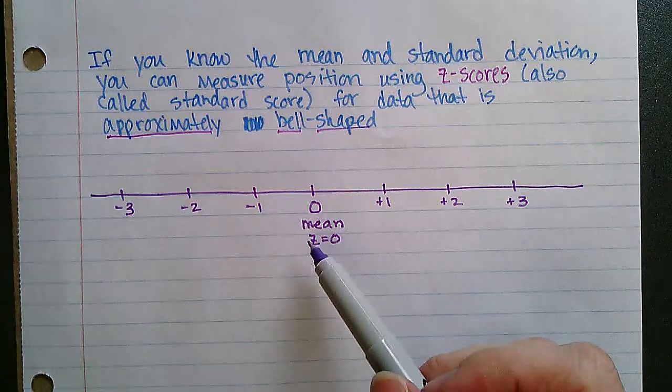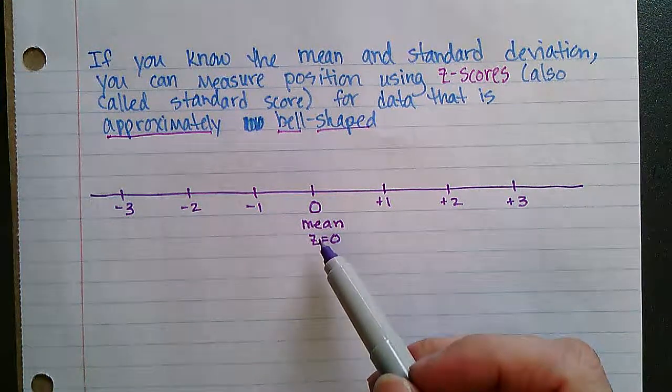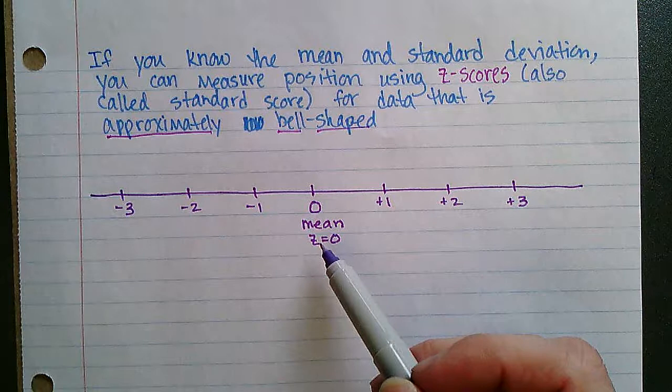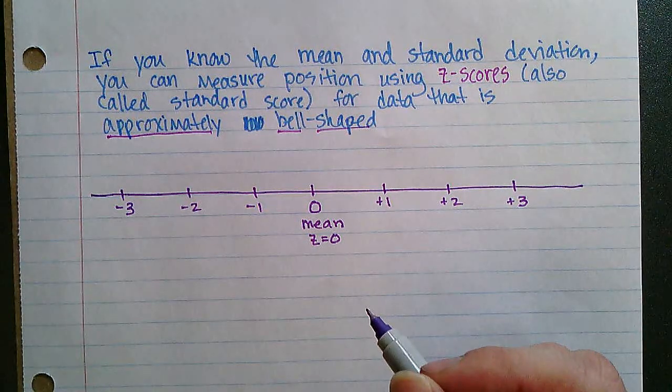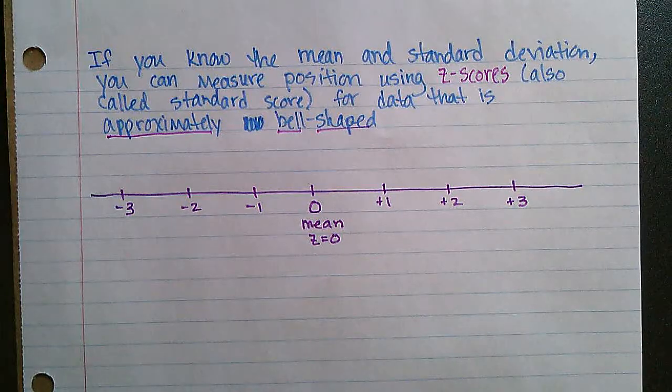When we look at z-scores and think about them in terms of standard deviations, remember that if we were within 2 standard deviations of the mean, then we would be considered usual scores.